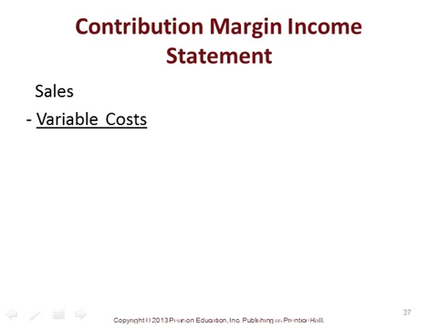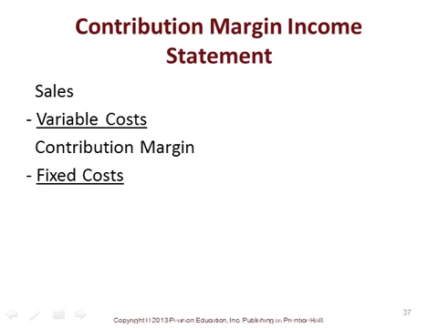We reduce our sales revenue by our variable cost to get a contribution margin, and not a gross margin. This tells us how much sales contribute to the coverage of fixed costs to get us down to operating income. And again, this contribution margin statement is really used for internal management decision making.